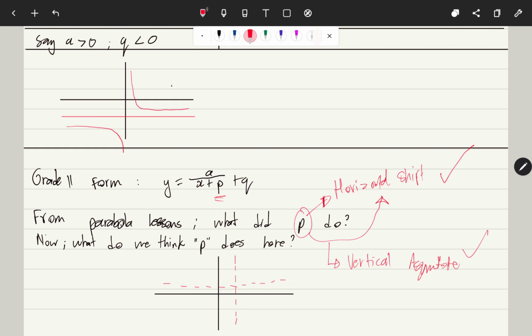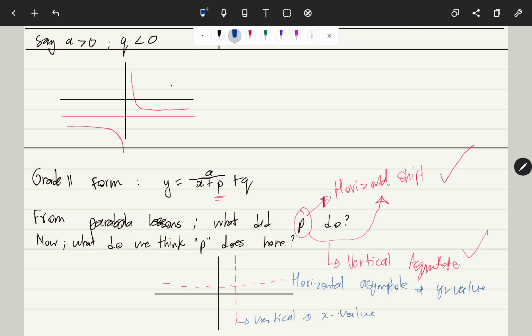So with this, this is the horizontal asymptote, and this is the vertical one. You realize this one is the y value and this one is the x value.